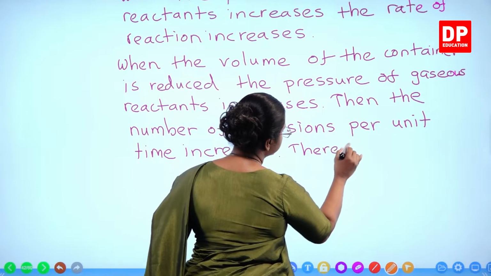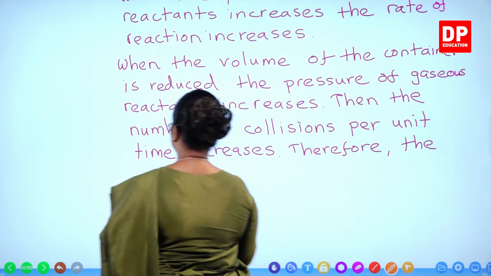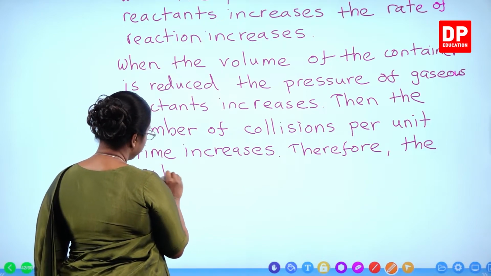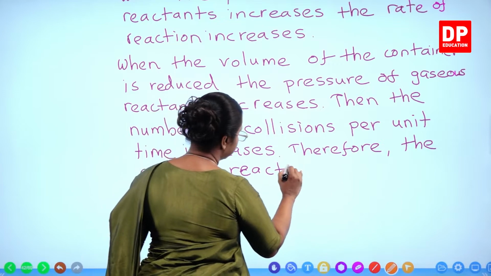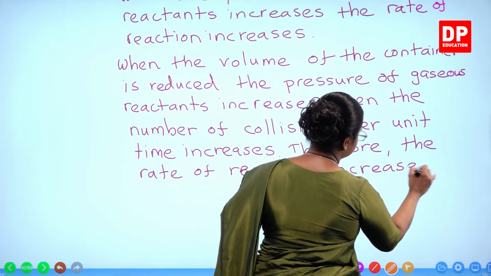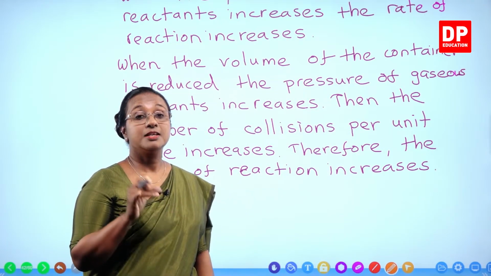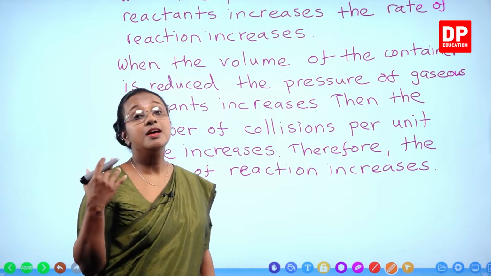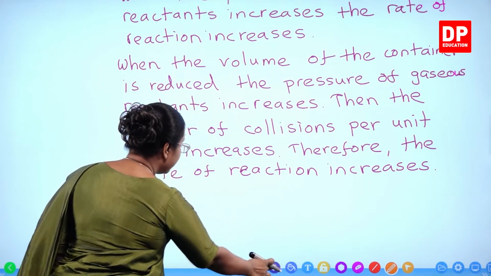Therefore, the rate of reaction increases. So that again comes under the second factor. Concentration for solutions, pressure for gaseous reactants. Then what is the third factor?